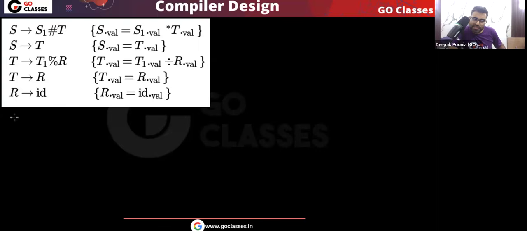Hash is basically multiplication, the meaning of hash is multiplication, and similarly percentage means division.